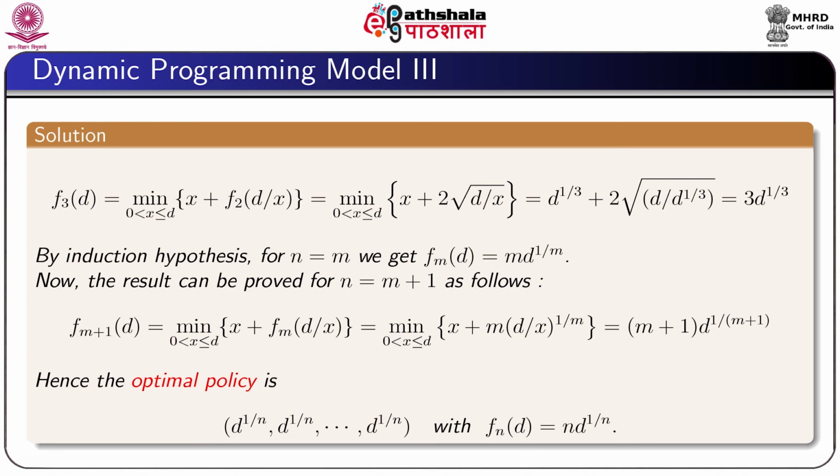We have f(m plus 1)(d) equal to minimum of x plus fm(d by x), which is equal to m plus 1 into d to the power 1 by m plus 1. Hence, the optimal policy is obtained as d to the power 1 by n, d to the power 1 by n, dot dot dot d to the power 1 by n, with fn(d) equal to n d to the power 1 by n.